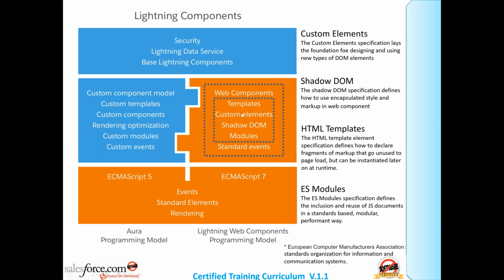Custom component, open or custom elements. DOM, here they are re-rendering. Custom module, here open module. Custom event, standard or open events. These are the differences between the Aura programming model, which is ECMA 5 standard, whereas LWC is ECMA 7 standard. Latest standard.